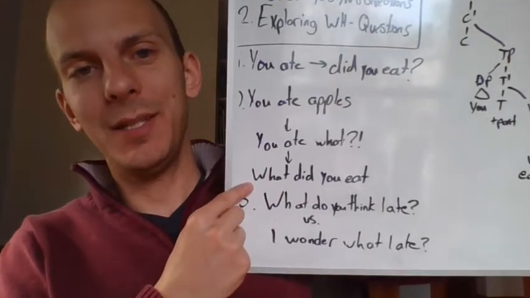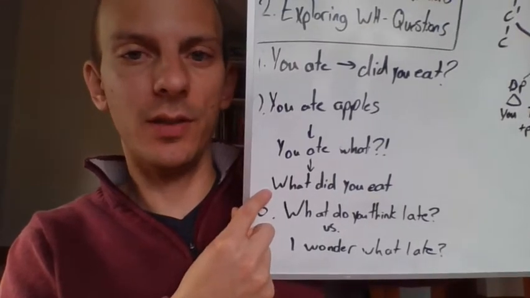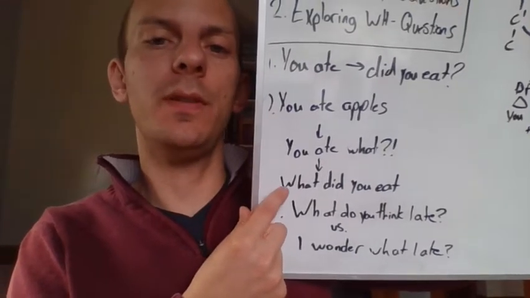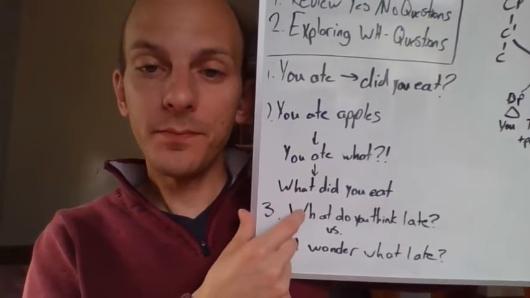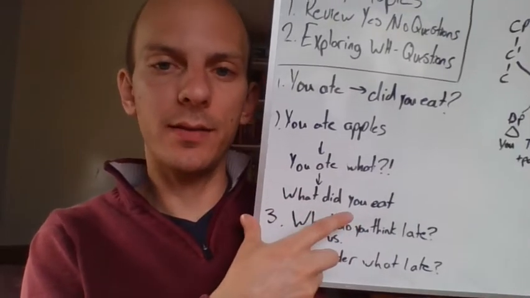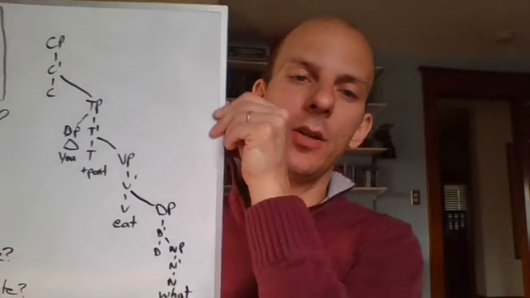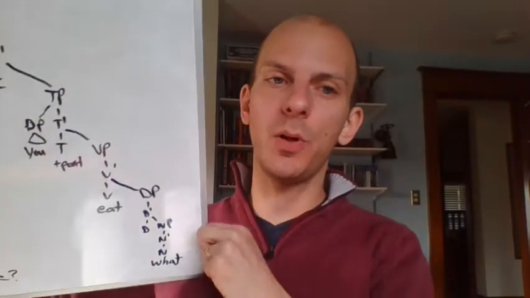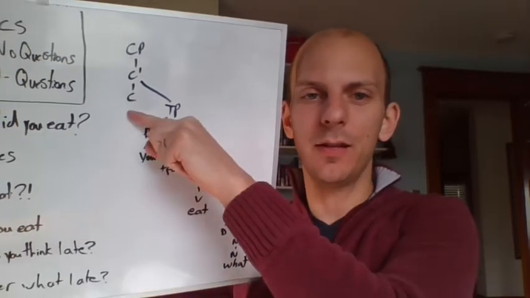Now, that means that we have some work to do because it's not in that position. So we need to find out what position this what is ending up in. Thankfully, we can do the rest of the sentence and come back to that. So we're going to get this did in there and so on. We're going to come back over here and add our do support. Where did we add our do support? We put it in here, right?